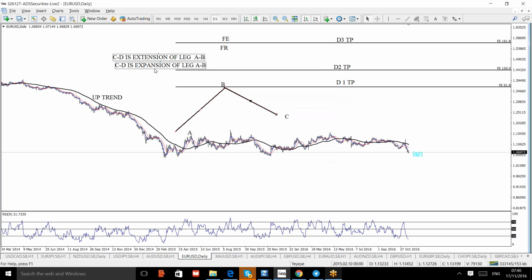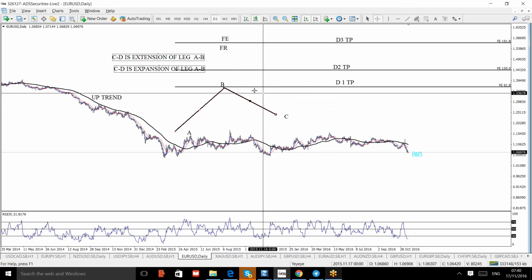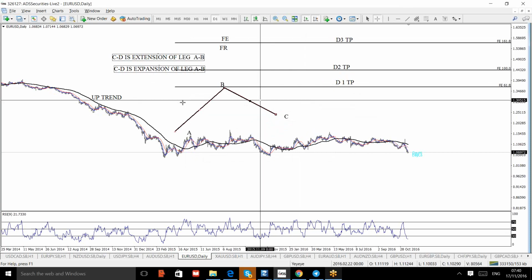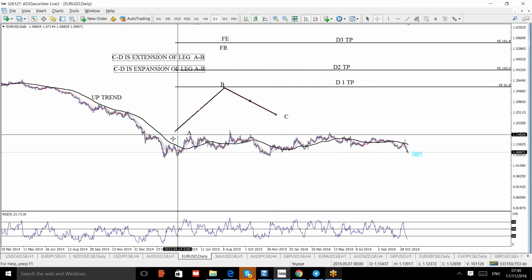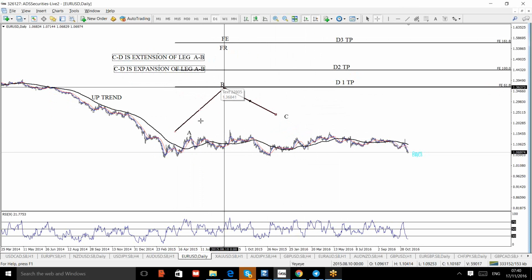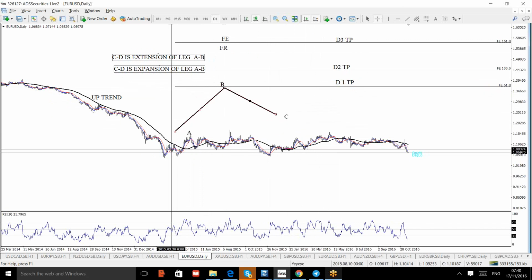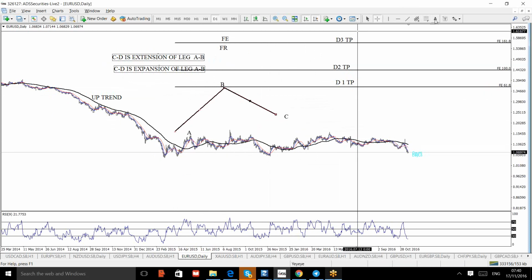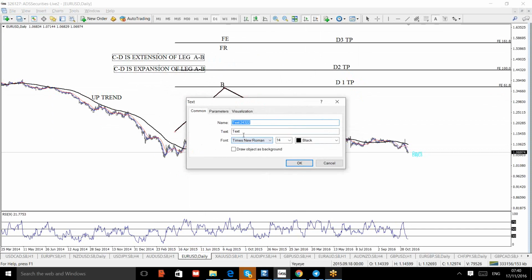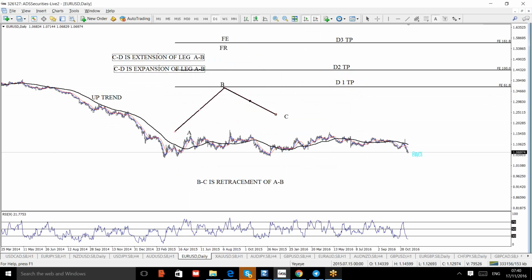CD is an expansion of leg AB, guys. Remember this. CD is an extension or expansion of move AB, guys. And BC is the retracement of move AB, guys. Understand? BC is the retracement of AB, guys. Does it bring clarity, right?